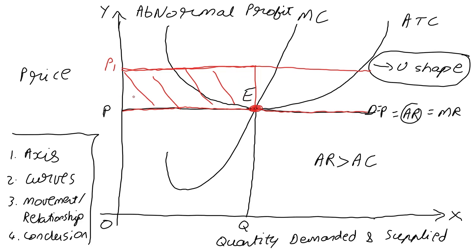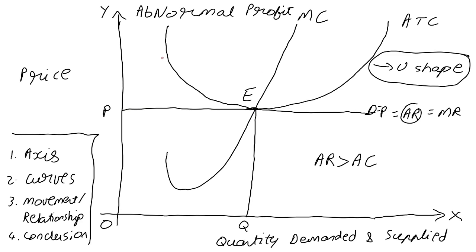Another situation in which we could do this is if the ATC curve itself goes down. And for those of you who have seen my video for normal profit, you know how difficult it is for me to make the ATC curve. So I'm going to try and see whether using the software I can just gently move it. Looks like I'm in luck.